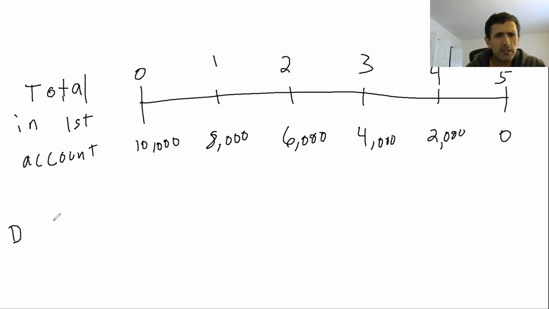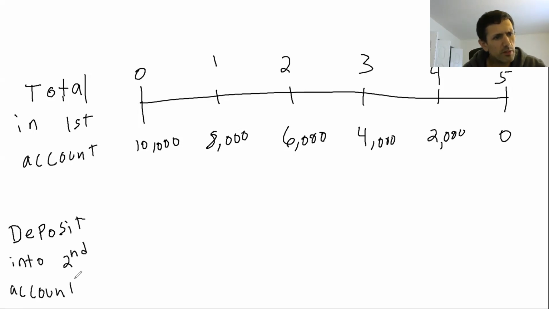So now, deposits into the second account. At the end of the first year, I'm going to deposit 2,000 plus the interest earned in that year.